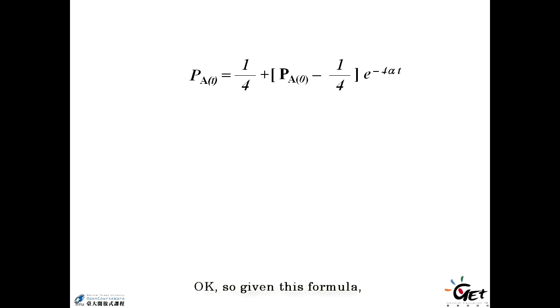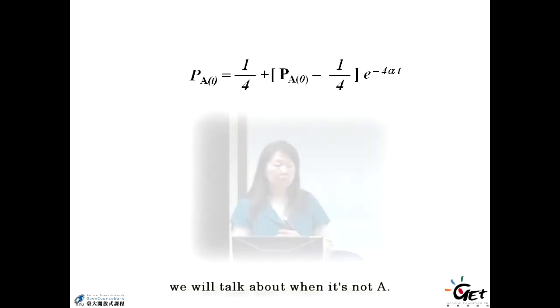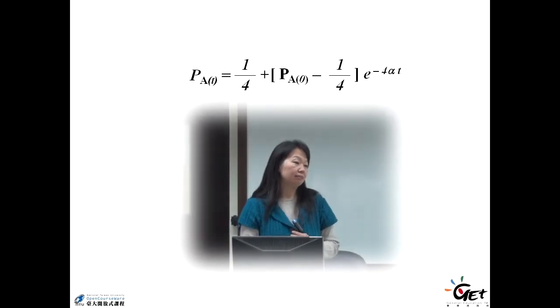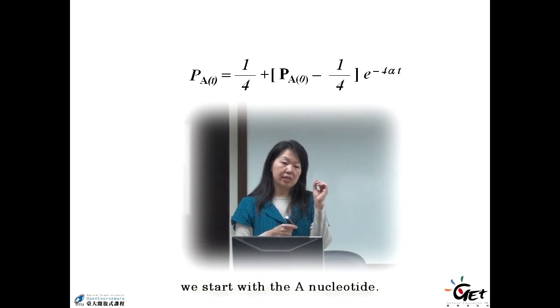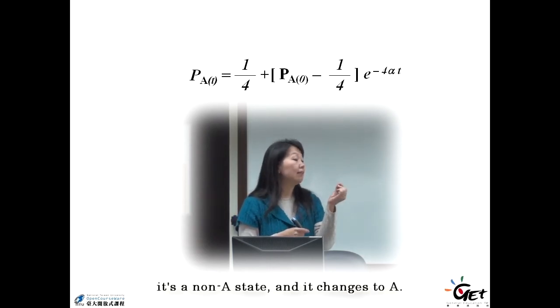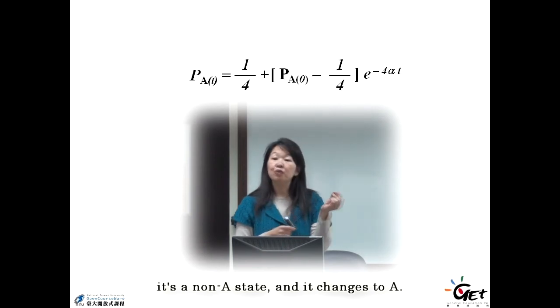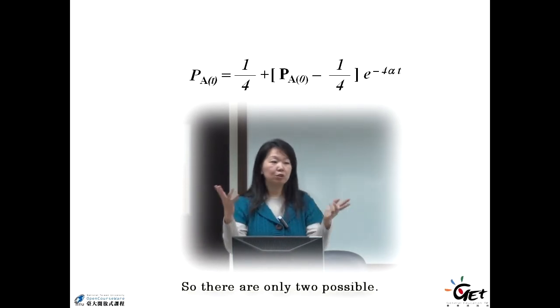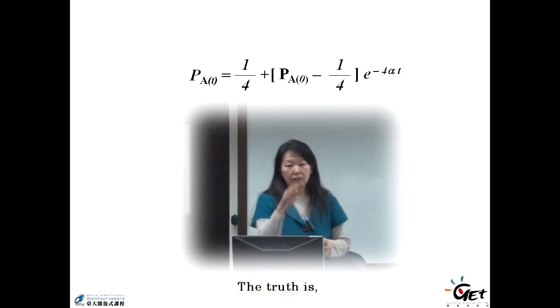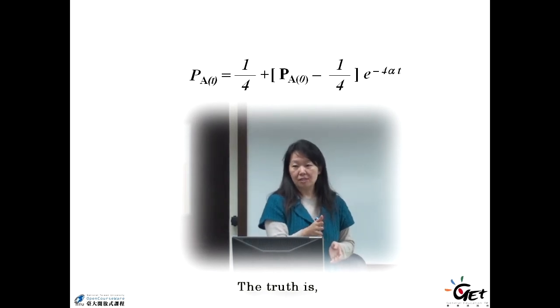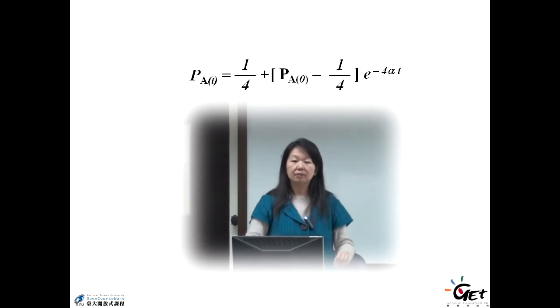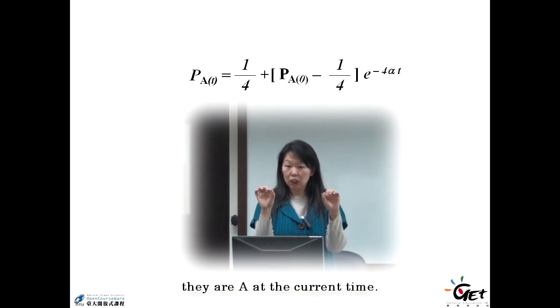Okay, so given this formula, we will talk about when it's not A, right? Because we say we start with the A nucleotide. But how about if it's a non-A state and changes to A? There are only two possibilities. Now you look at the sequences, and they are A at the current time.